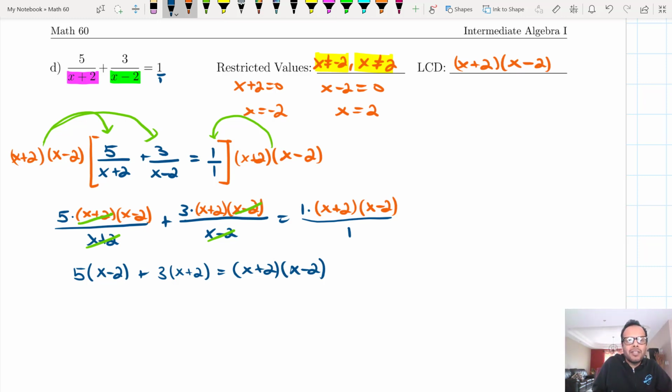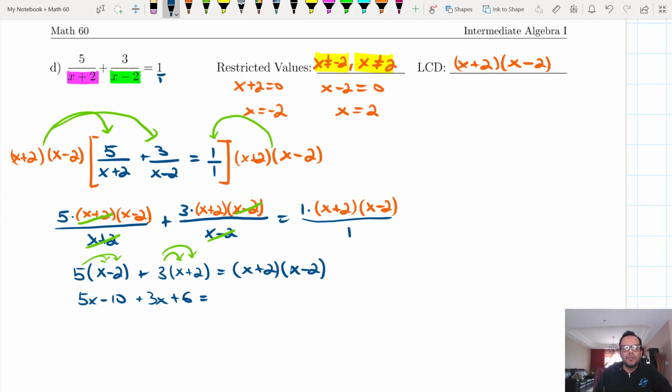So the next step would be to use the distributive property to multiply: 5x minus 10, and 3 times x is 3x, and 3 times 2 is going to give us 3x plus 6.